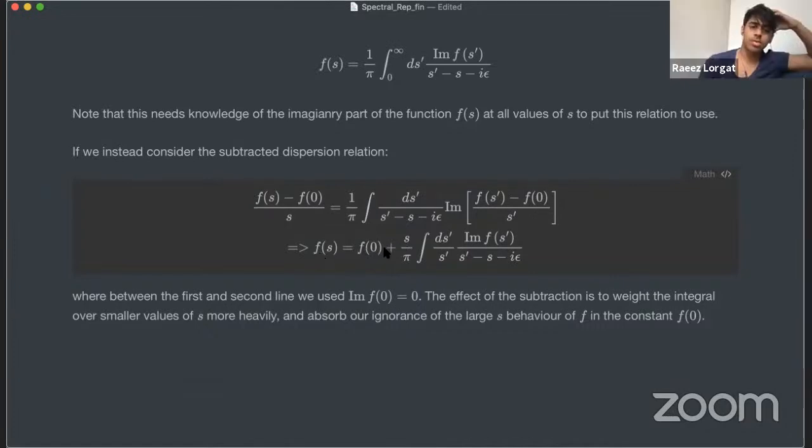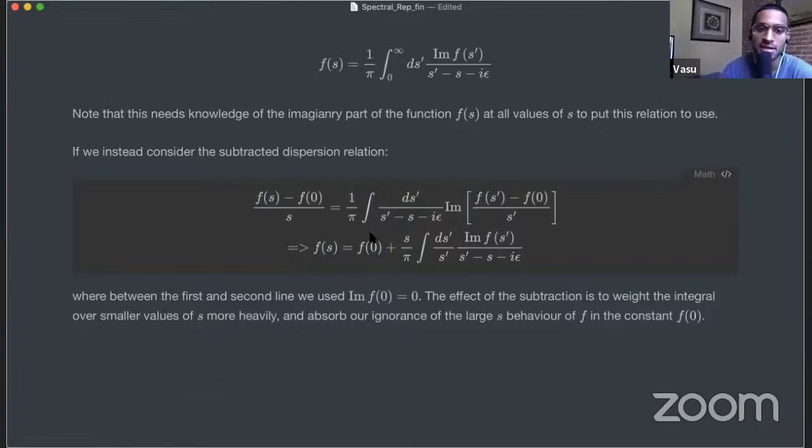The vanishing condition is basically the condition that lets me treat this quantity as absorbing the sort of ignorance of what happens at high energies. And instead, what I say is I pick S, and then I look at the subtracted dispersion relation, where I have sort of a higher order pole, right?